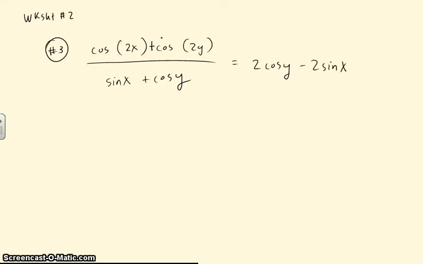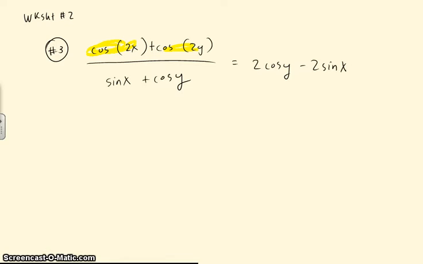I'd like to do something with that. Now, I have an option here of applying the identity for the cosine plus the cosine, but I also have the option of simply applying the cosine double angle identities up here. So let's do that.